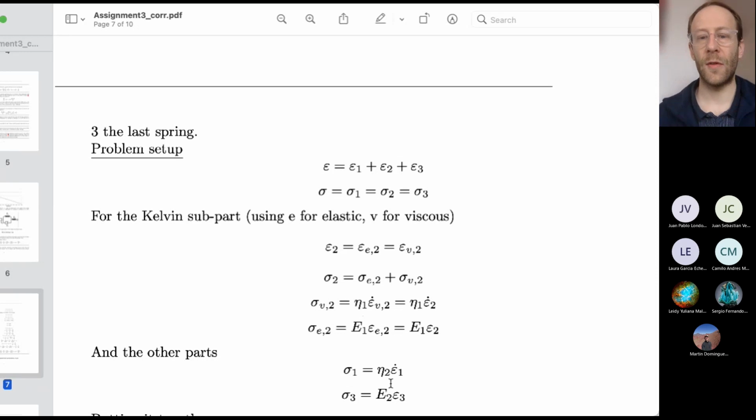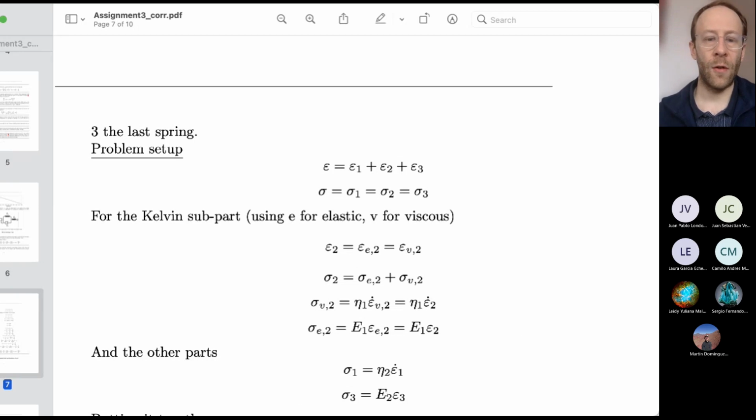Sometimes when you see that you have some equalities that you can use, then for example, you can replace some of them here by the deformation of the whole element. That's what I did over here. Sometimes you cannot, and that's the case for this part over here.